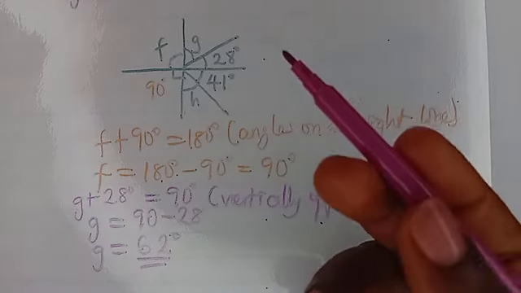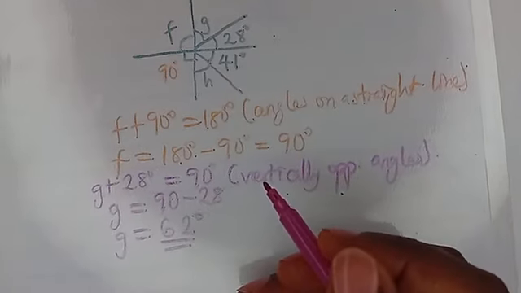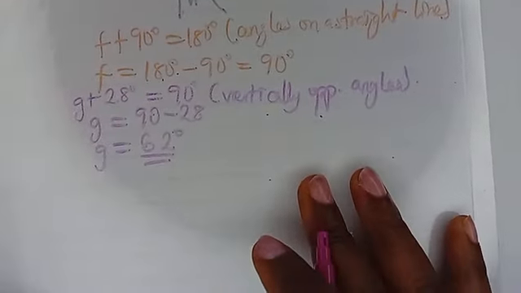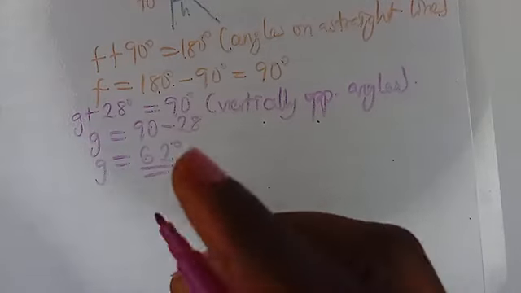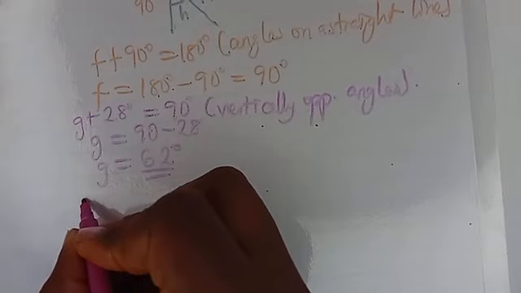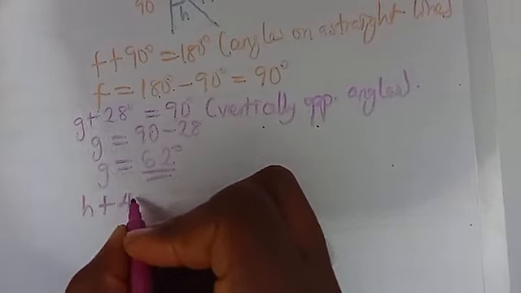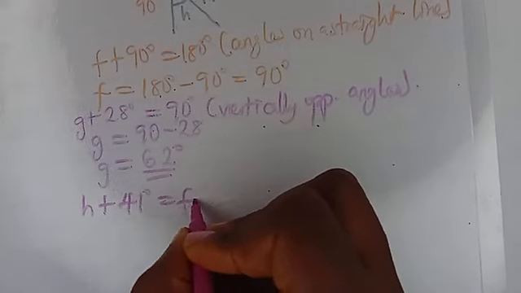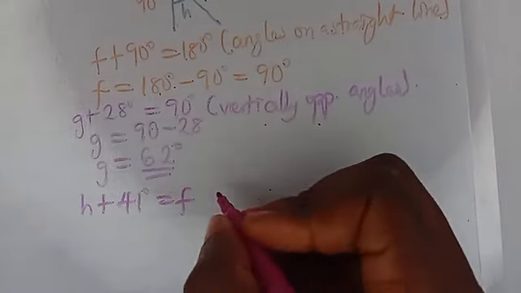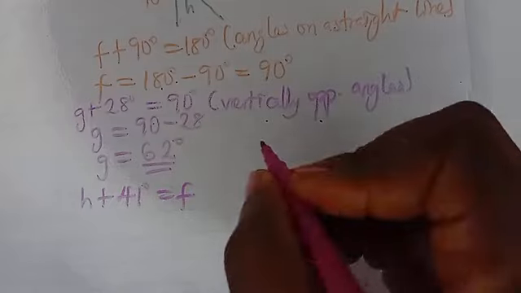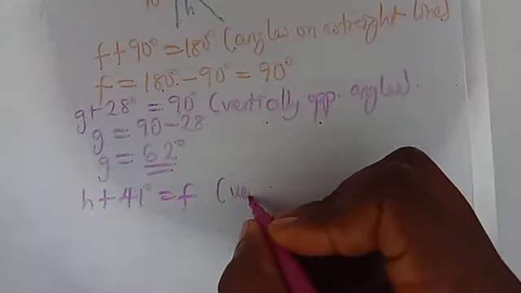So I'm going to use vertically opposite angles. So I'm going to say that, or do I use angles on a straight line? Let me use vertically opposite angles. So I'm going to say that angle H plus 41 degrees is equal to angle F. That is, I'm using this angle F. And then my reason is vertically opposite angles.